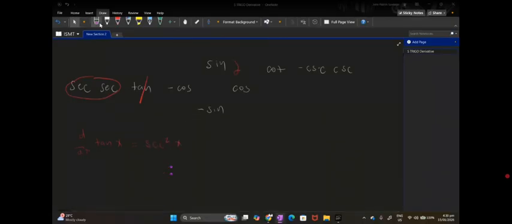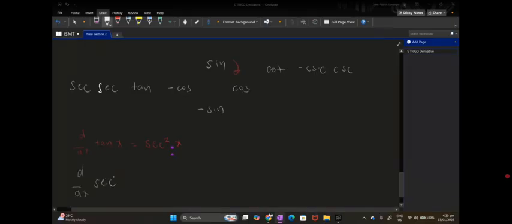We want to get the derivative of secant. So, cross out lang natin yung isang secant. Ayan. Ano matitira?